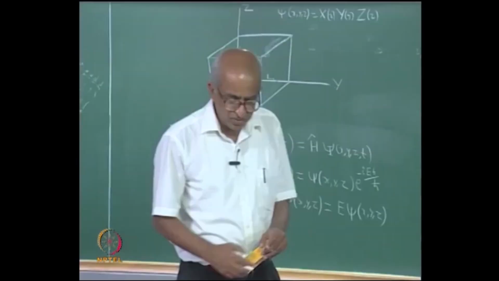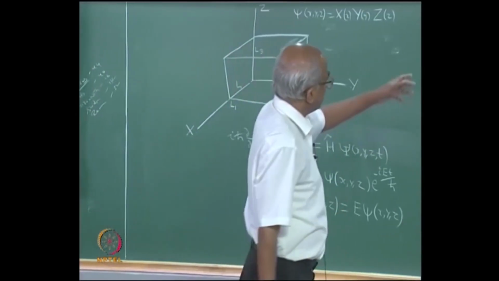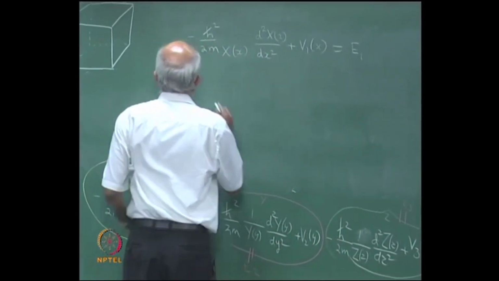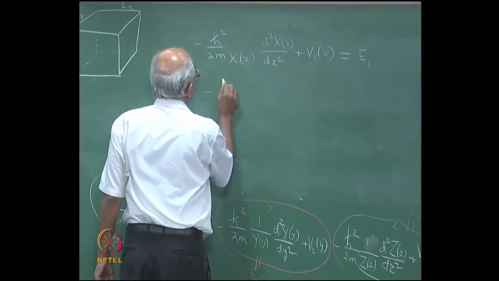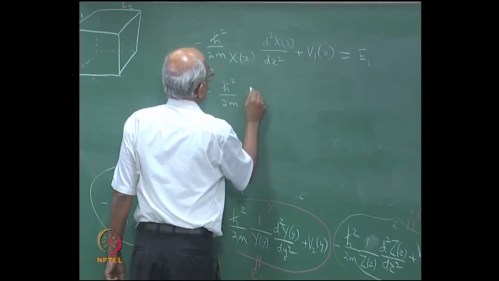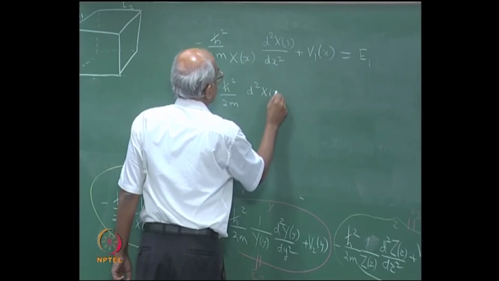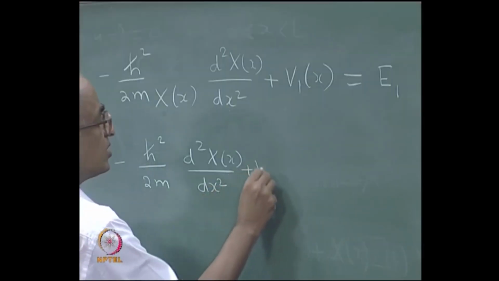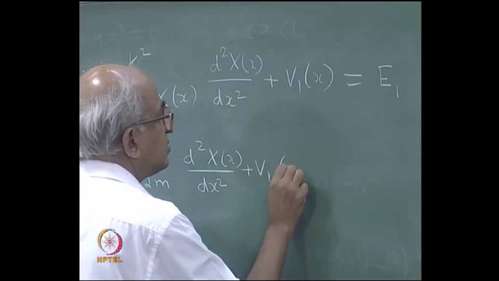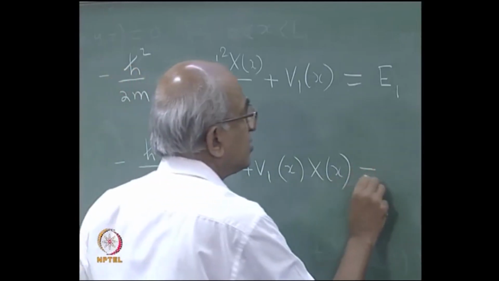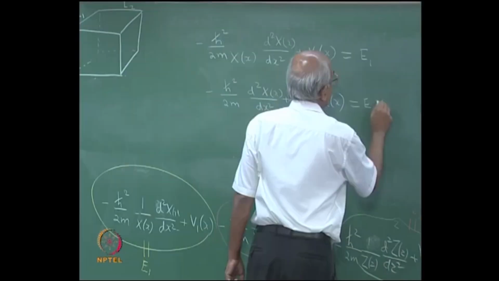But if you want, you can multiply throughout by this capital X of x, and if you multiply it throughout by capital X of x, what will happen? You will get minus h cross square by 2m, d square capital X of x by dx square, plus V1 of x into capital X of x is equal to E1 capital X of x.